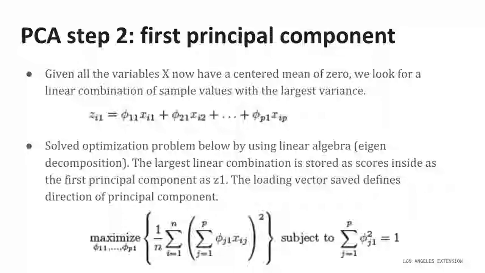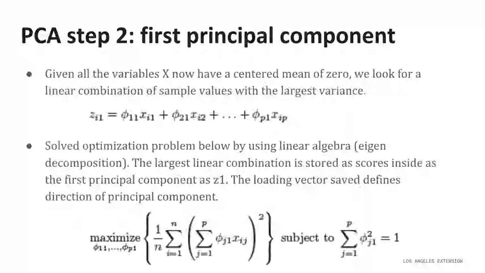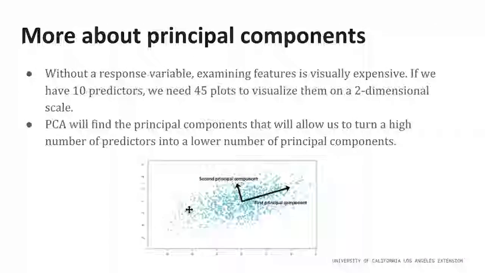And once we've done that and we've saved those loadings, we start looking at what variance remains among the remaining linear combinations that are not correlated with the first principal component. So we start looking at the second principal component, which is here represented by Z2. And by making sure that they're uncorrelated, we start looking at orthogonal features. If you look at this chart again, this is creating a 90-degree angle.